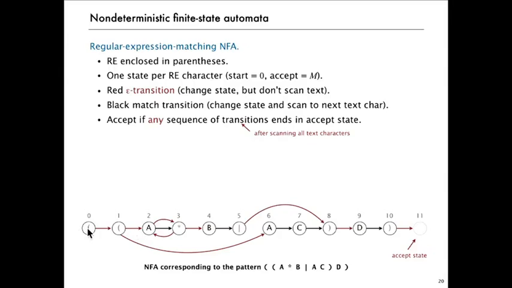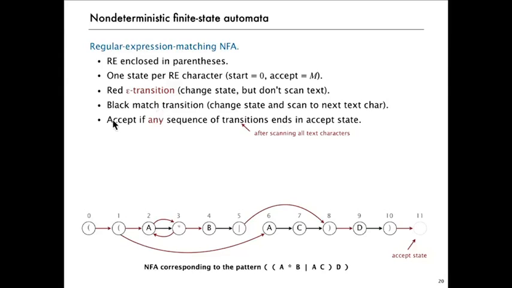So at the beginning, the machine can go from 0 to 1 to 2, back to 1, 2 to 3, back to 2, or it could go from 0 to 1 over to 6. There's lots of places the machine could go without scanning any text character. But we do have the black match transitions that scan text characters. And so those are the rules the machine operates by.